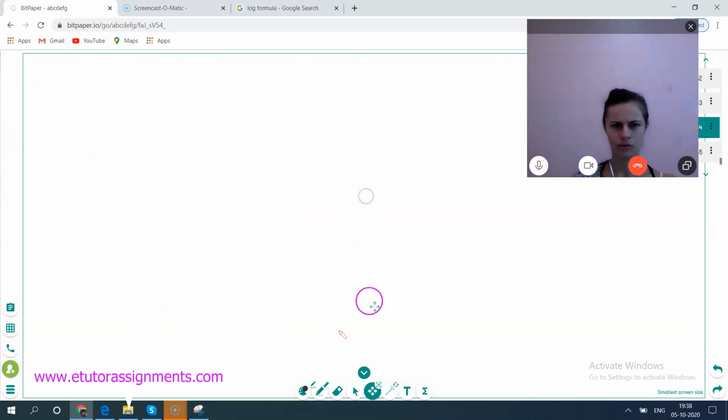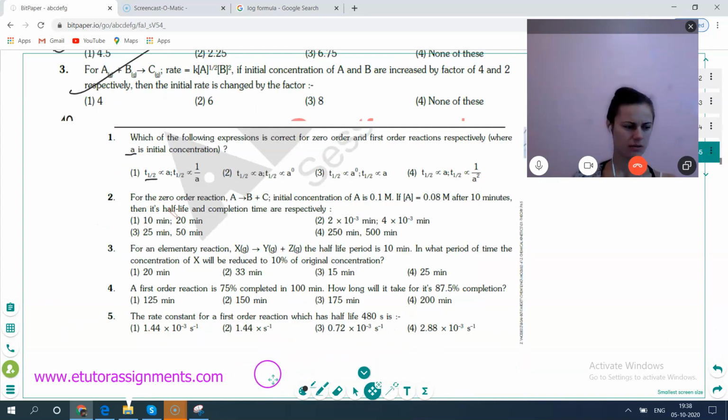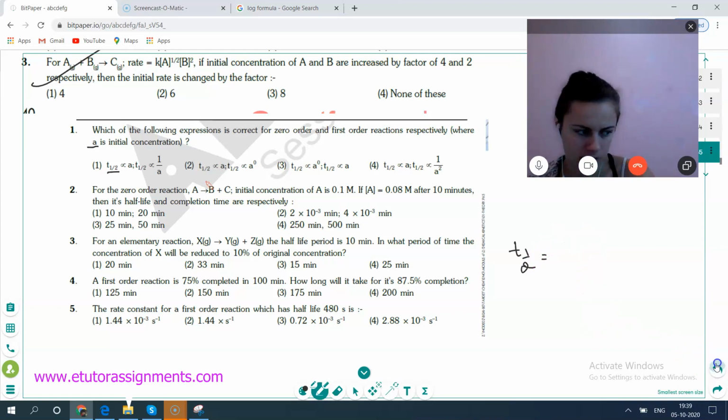Here. See what we got, please write it. t half is proportional to A divided by 2. t half is equal to 1 divided by k and A divided by 2.